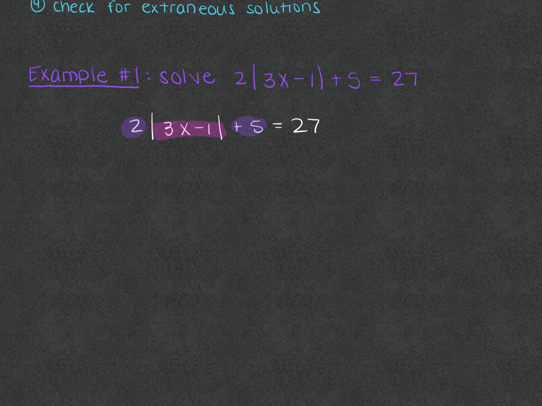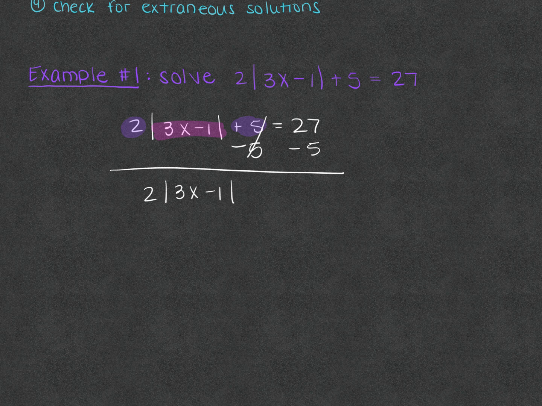Just like a regular equation, we're going to get rid of the 5 first. So subtract 5 from both sides, and then bring everything down. This should be super familiar. Okay. Now we're going to get rid of the 2 because that's still hanging out here.